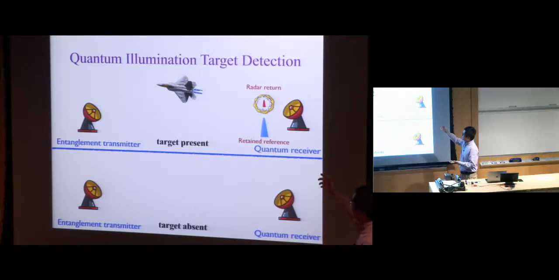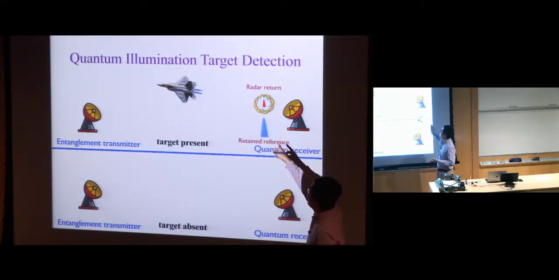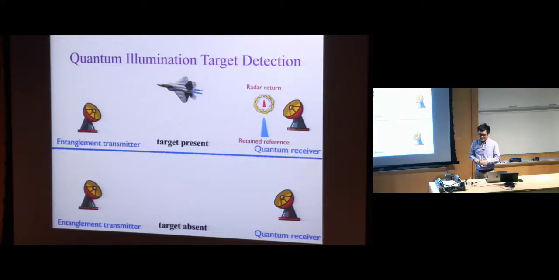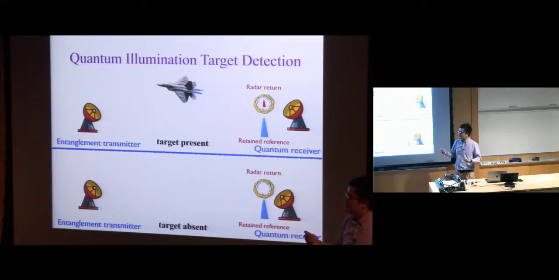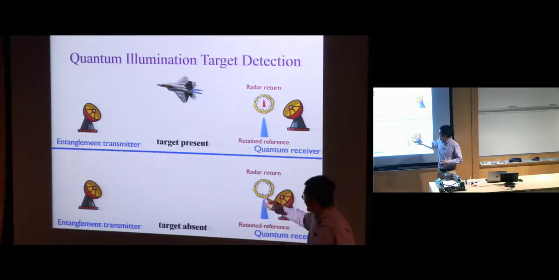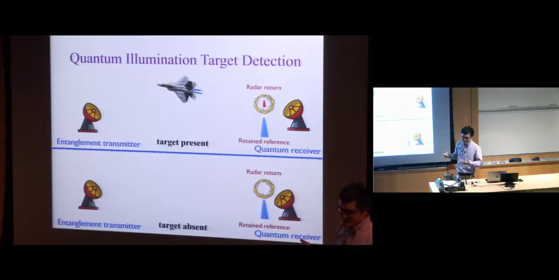At the receiver, from the probe part, you still have a tiny piece of signal embedded in a bright noise background. In the target absent case, you use your probe to interrogate your target, but nothing comes back from your probe signal, and all you have is noise background, which is uncorrelated with your retained reference. Here you indeed have a really bright noise background, so strong that the initial entanglement is completely destroyed.